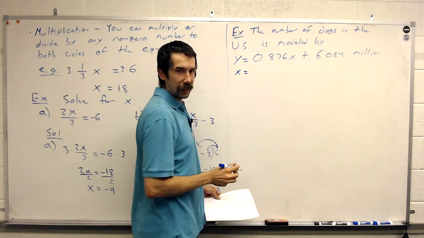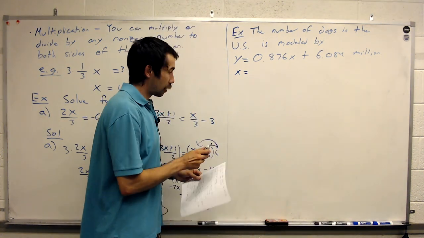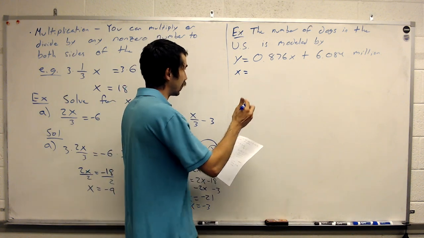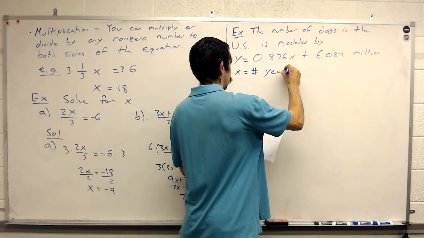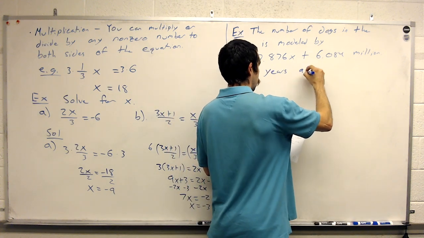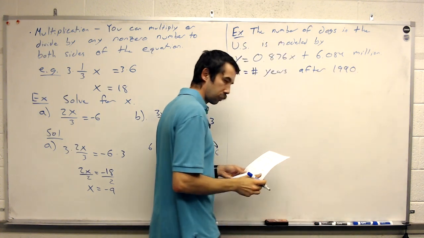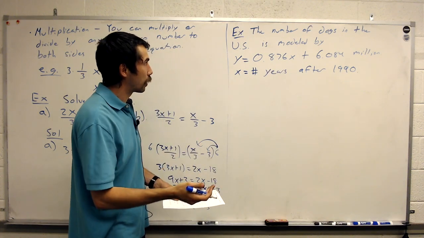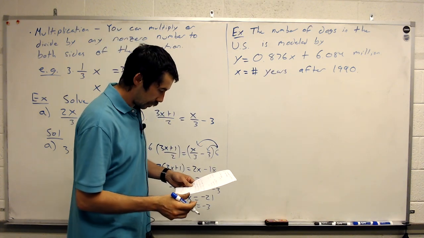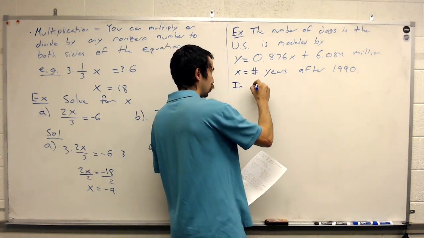X, what is X? X is the number of years since 1990. All right, and the question is, in what year will the projected population be 36.74 million?